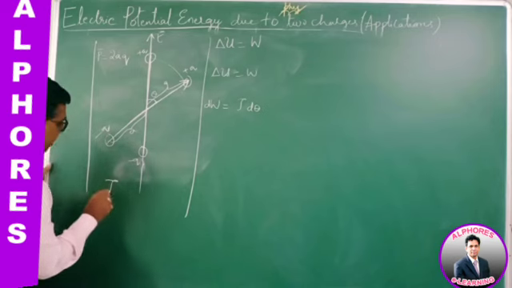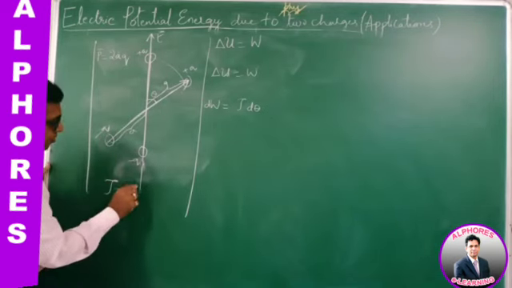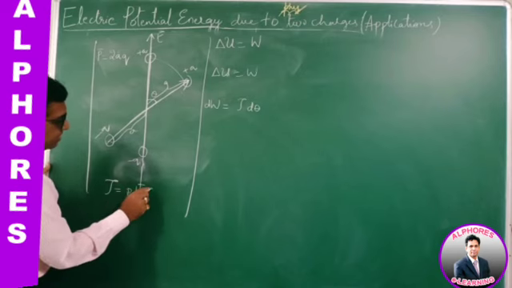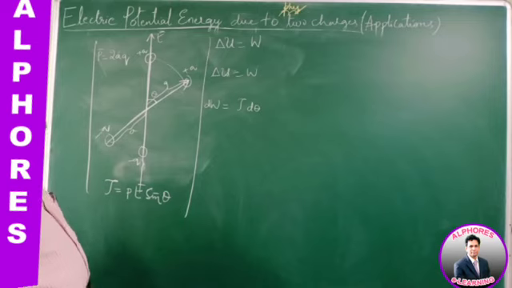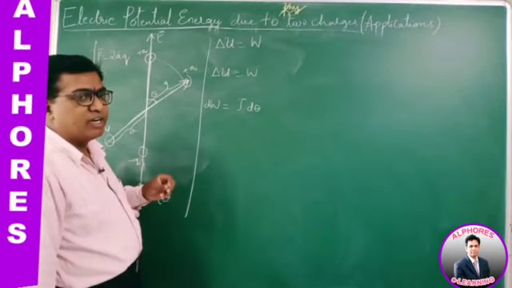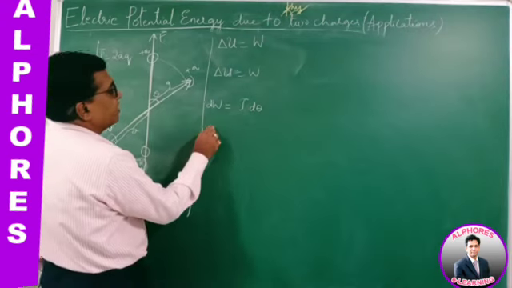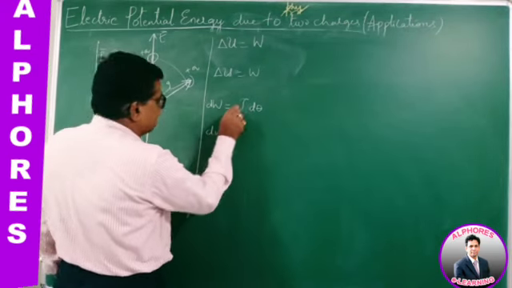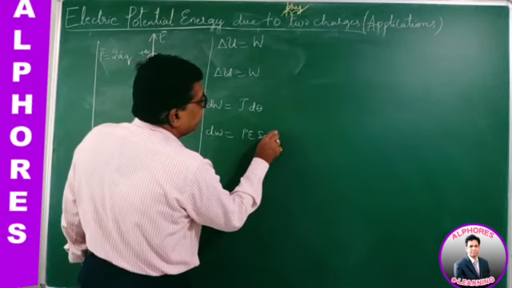We know the torque acting on the dipole in the electric field. We have already proved the torque experienced by a dipole at a particular angle is pE sin theta. So substituting, the small work done is pE sin theta d theta.